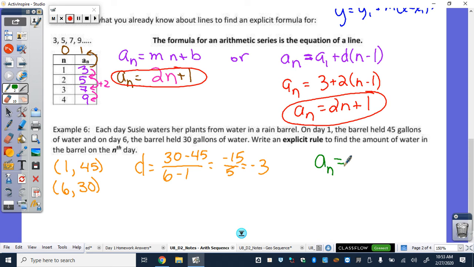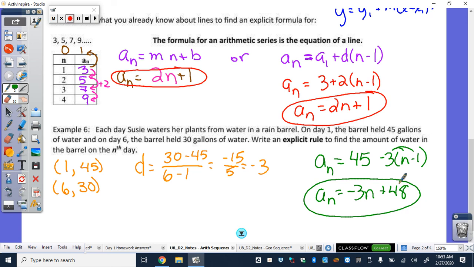So I'll use our other formula. Day 1, we had 45 gallons, so my first term is 45. Minus 3 times n minus 1. So again, distributing your negative 3, combining your like terms. There's our explicit formula, negative 3n plus 48.